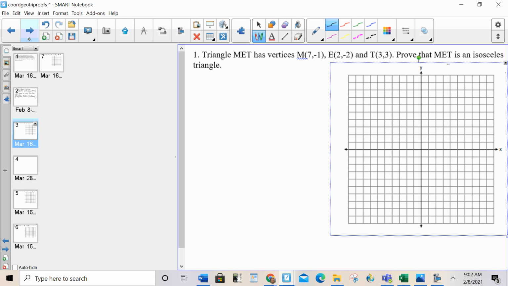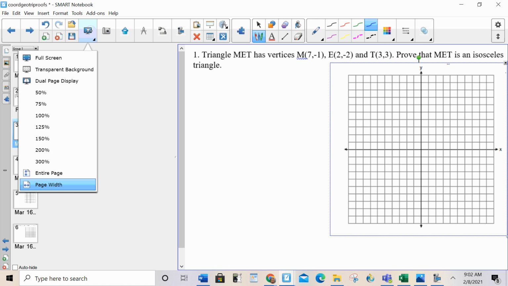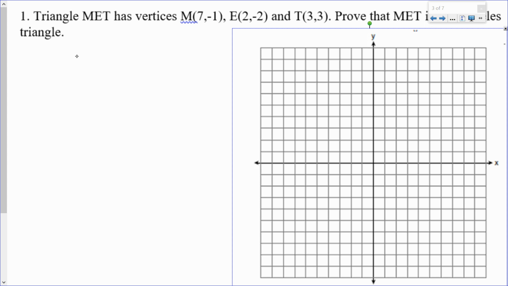So, the first problem here wants me to prove that it's an isosceles triangle. So the first thing I'm going to do is plot my points. M is (7, -1). E is (2, -2). T is (3, 3).